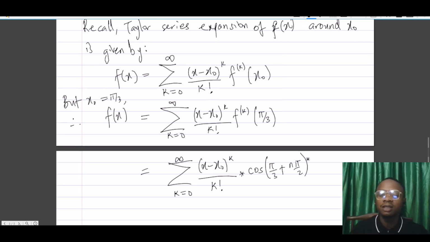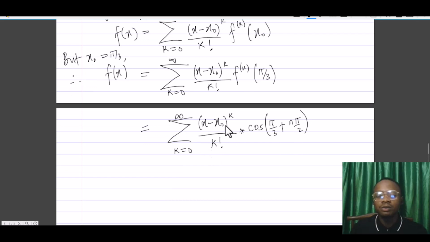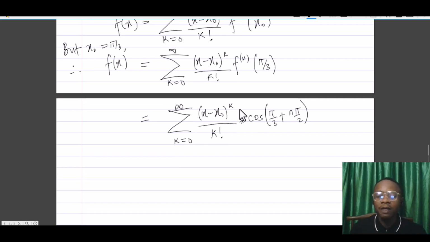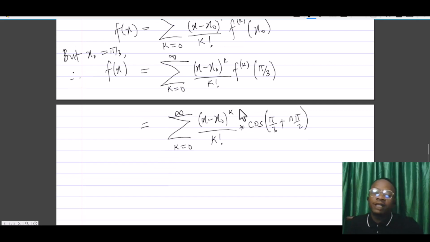All right, that's the expression. There is nothing to cancel out here, so it just works like that directly. We can now write out the first few terms. Did I still retain x naught? x naught is pi over 3, so this should be pi over 3, and this should be pi over 3.